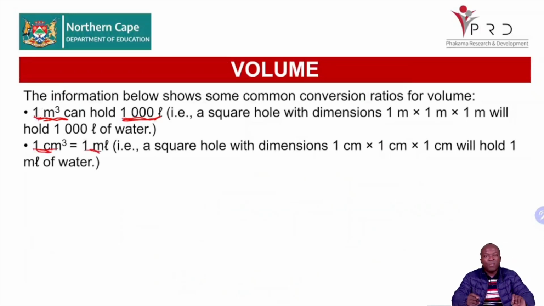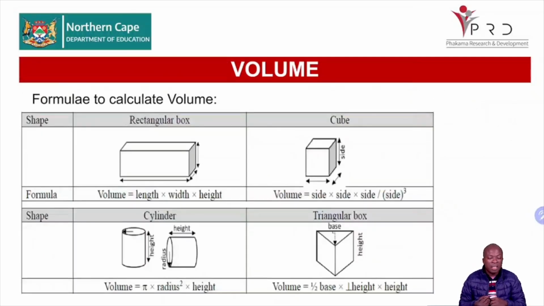These are conversions where, once you get any question paper, the examiner expects you to apply them and show how to convert. So now, as we talk of volume, let us look at the formulas that we can use.